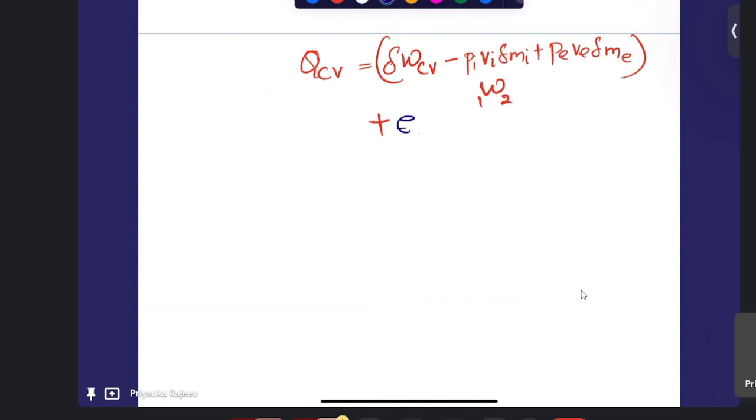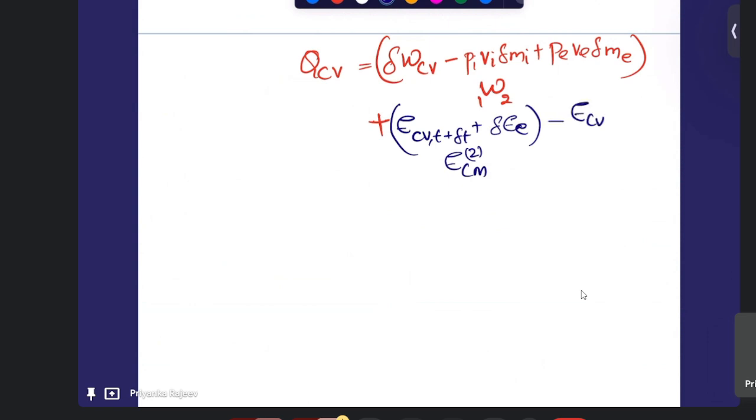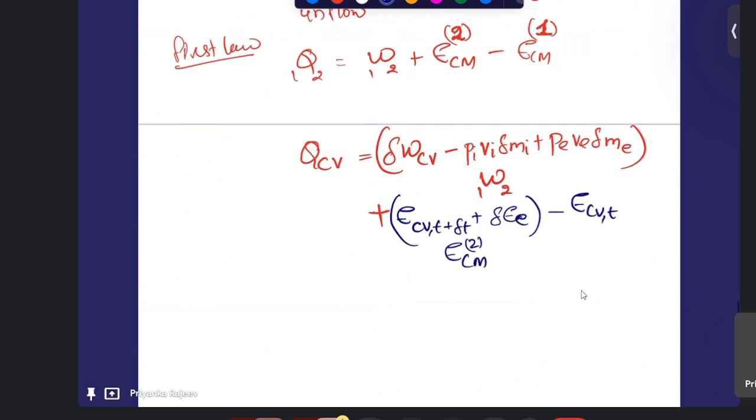So this is E CV at T plus delta T plus delta EE, that is ECM of 2, then minus ECV at T. Plus delta EI. This is ECM of 1.